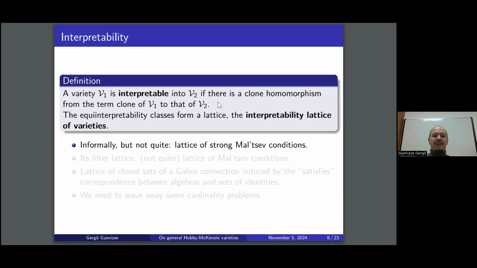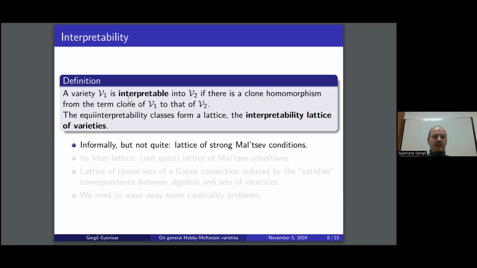Informally, that means that any Maltsev condition that is satisfied by V1 is also satisfied by V2, and this is true not only for Maltsev conditions, but also for infinite Maltsev conditions. This is a reflexive and transitive relation.